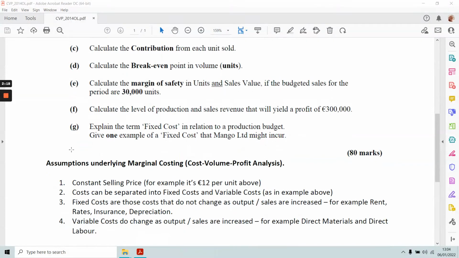That means that they will have a constant selling price of €12 per unit. If you sell one, you're going to get €12. If you sell two, you'll get €24 in sales revenue. If you sell 100, you'll get €1,200 in sales revenue. A constant selling price.